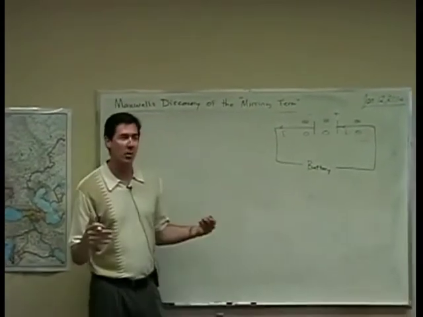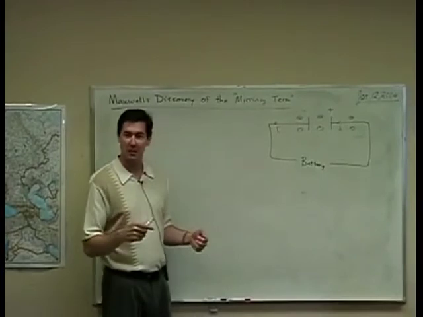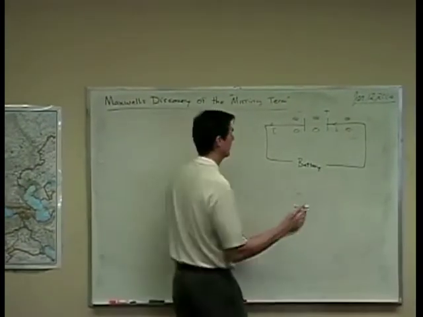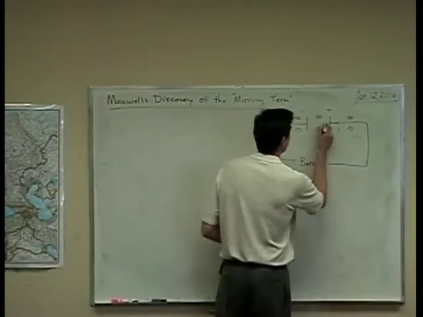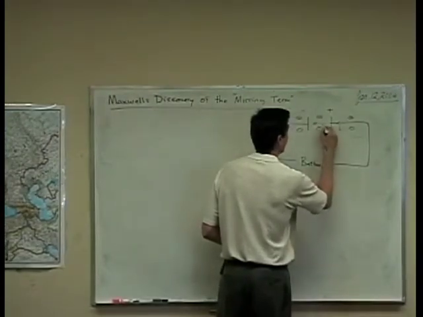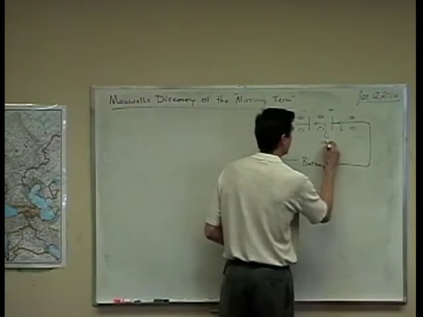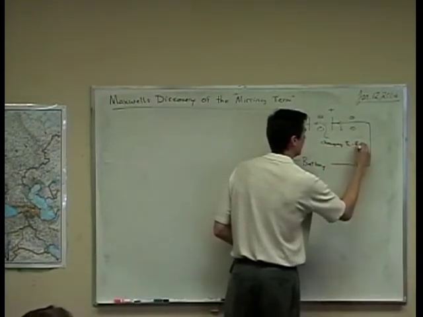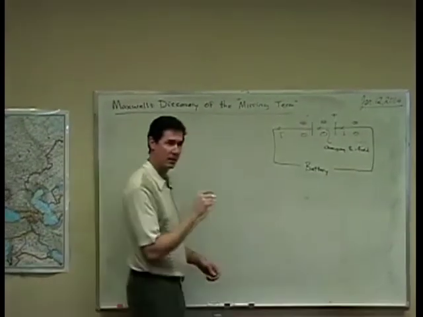And Maxwell realized that people had only seen one way to get that kind of circulating magnetic field before, and that was to have an electric current. Maxwell realizes there's two ways. And the second way is to have a changing E field, electric field.